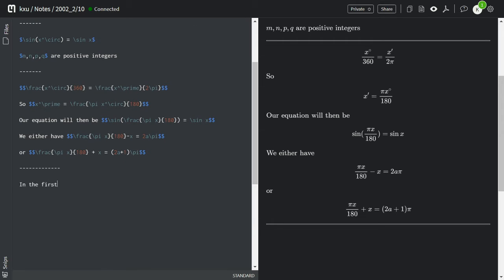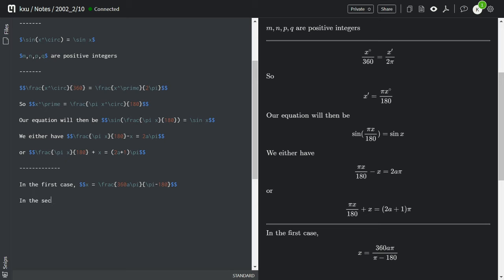In the first case, x is equal to 2a pi over, let's bring the 180 up here, so this is pi minus 180.